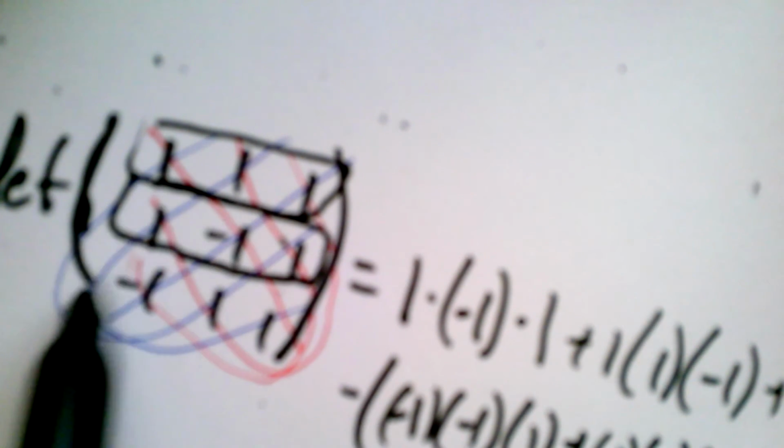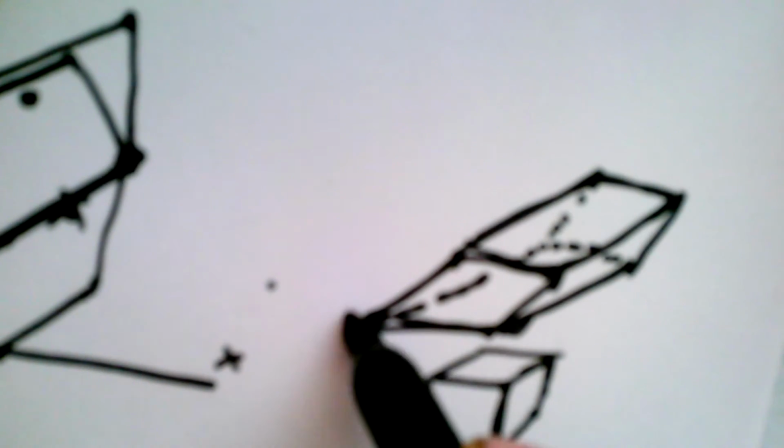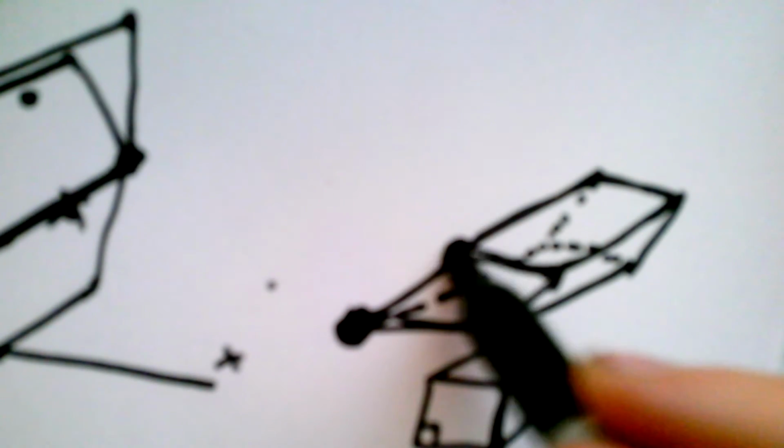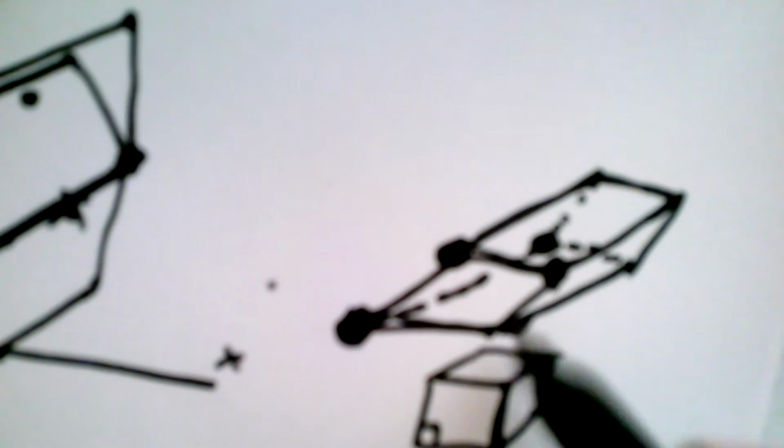So these here become points, and here's the origin. You get 1 point for each, 1 point here, 1 point there, 1 point there.